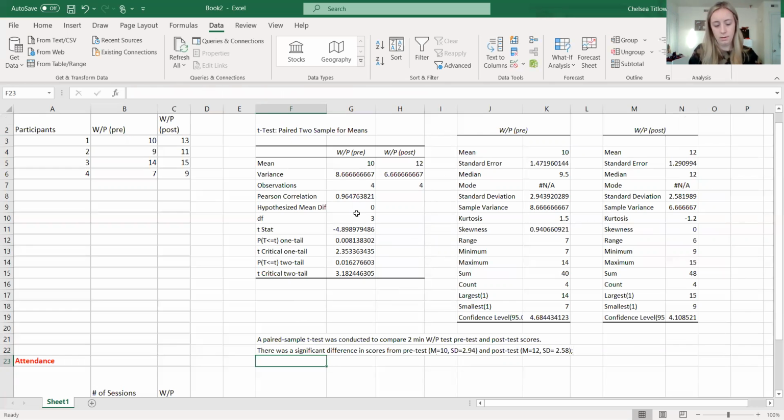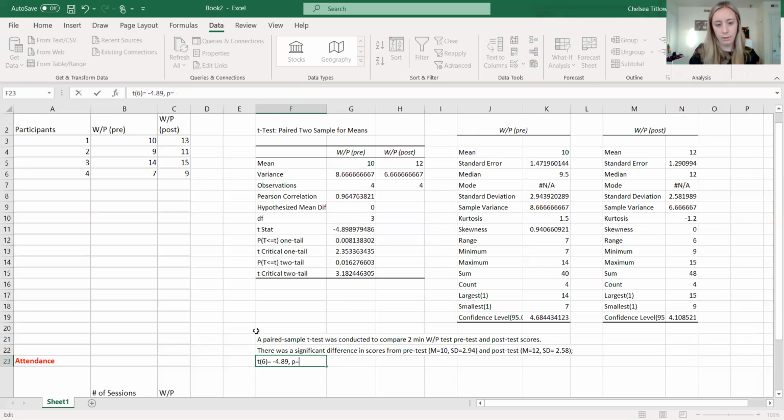And then the t-score with 6 degrees of freedom, which is the amount of data under the pre-test, which is 4, plus the amount of data under the post-test, which is 4, add together 8, and then subtract 2. So we have 6. The t-stat, right here, is negative 4.89.